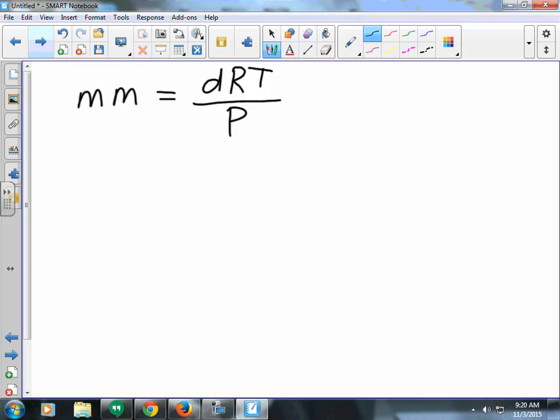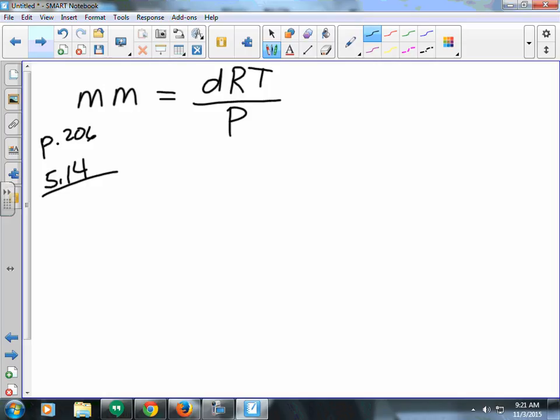Molar mass is dirt over poo. It's not mine, it's hers. I'm not that clever. But yeah, so let's try this. I wish I could think of stuff like that.